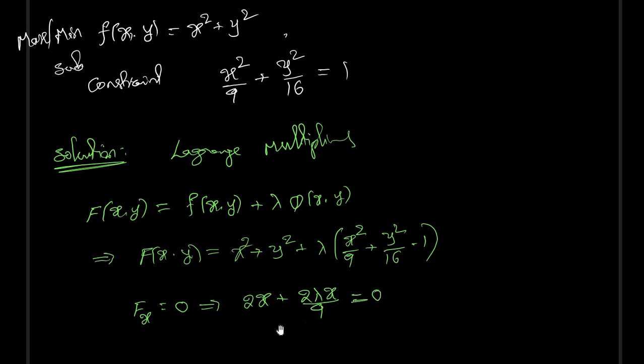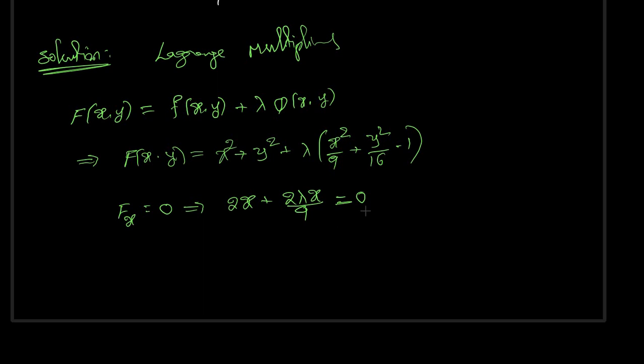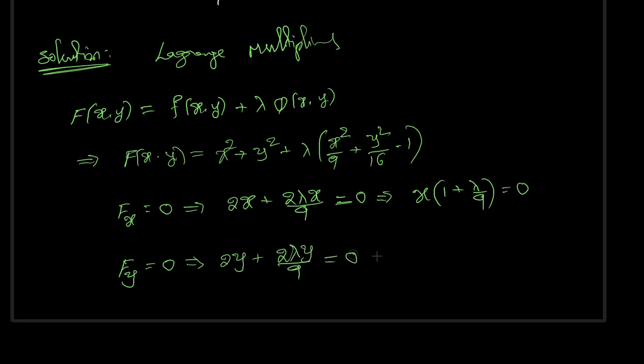Now you have two options: x into 1 plus lambda by 9 equal to 0. Similarly, take Fy and equate it to 0. This implies 2y plus 2 lambda y by 16 equal to 0, which gives y into 1 plus lambda by 16 equal to 0.